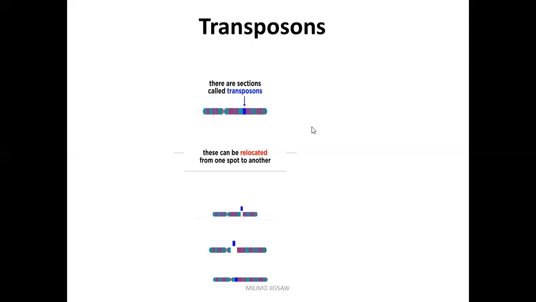They are important in the identification of genes and pathways that are implicated in diseases, or even the pathogenesis as well. And these transposons also contribute to gene therapy. So these are sections of DNA that are able to move from one location of the genome to another. So they can jump from one location to another.